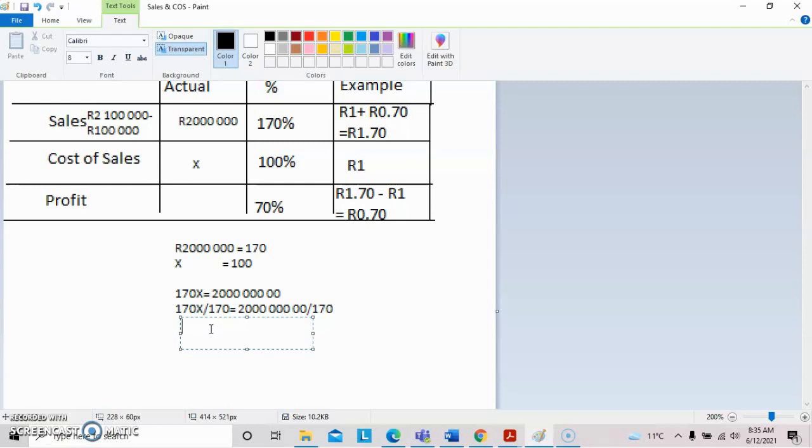Okay, so you were able to work out. If you say 170x divided by 170, you know that X will remain by itself, or you say 170 divided by 170, you will get 1, so 1 represents X.